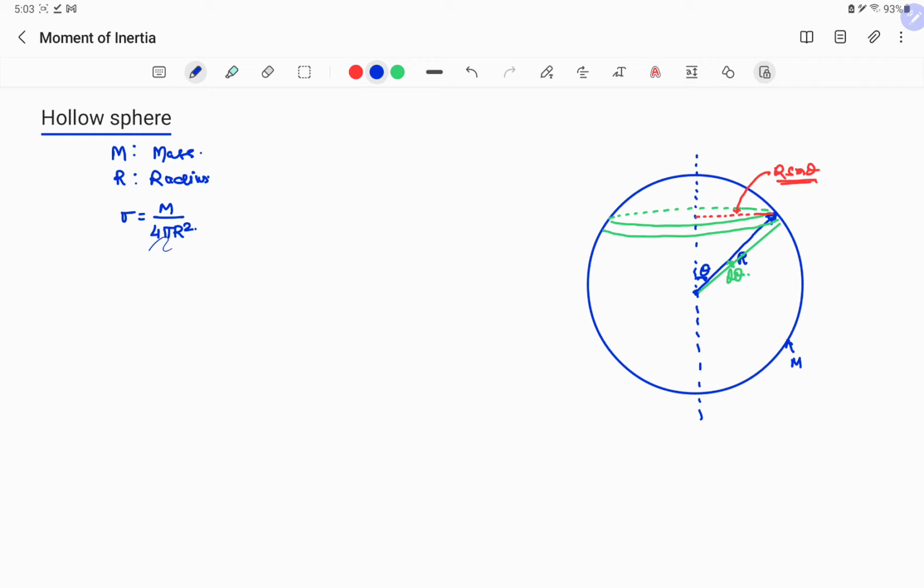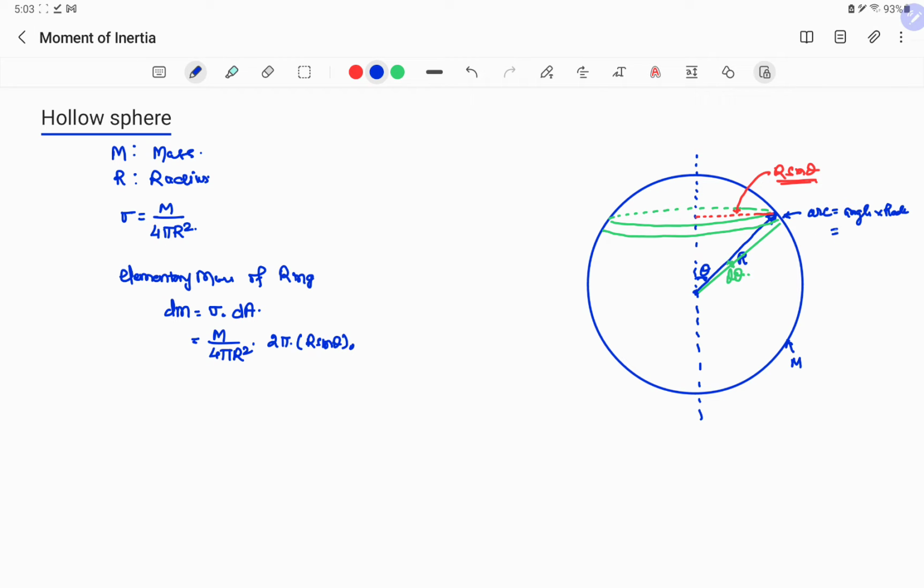So we can write that elementary mass of ring is, say, dm. It is equal to area mass density into area of the elementary ring. It is equal to m by 4 pi r square, and elementary area of the ring is its circumference, 2 pi, and radius of the ring is r sine theta, and its width is, this is the width, which is arc, and arc equals angle into radius.